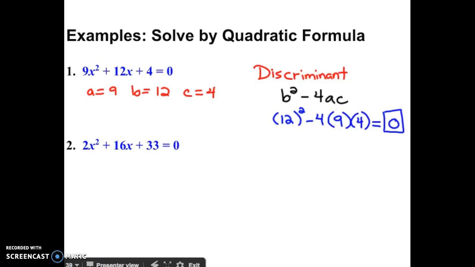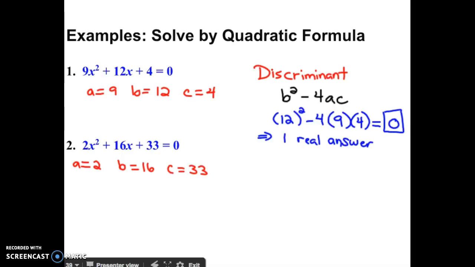Now what that means is if you have a 0 under the radical, then you're going to be adding and subtracting 0 in the quadratic formula, which would mean you would get only one real answer, because you'd end up doing plus or minus 0, which gives you the same thing back. For number 2, again, I have all the terms on one side, so I already know my a is 2, my b is 16, my c is 33.